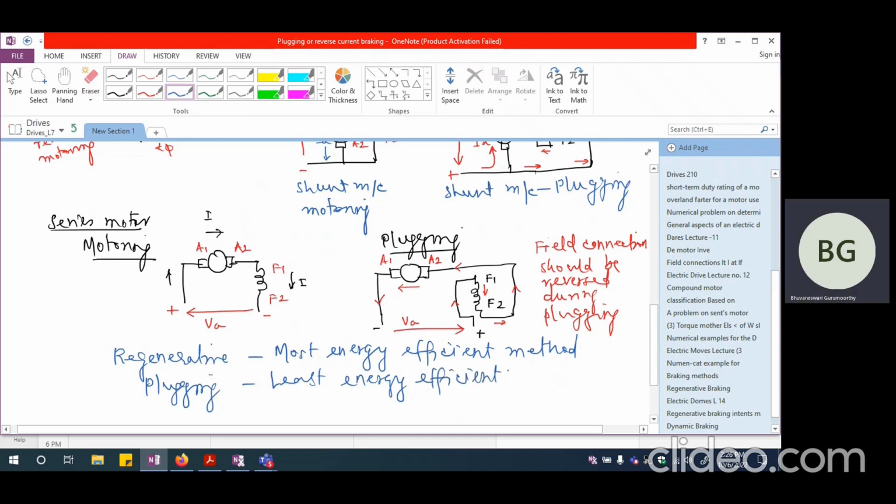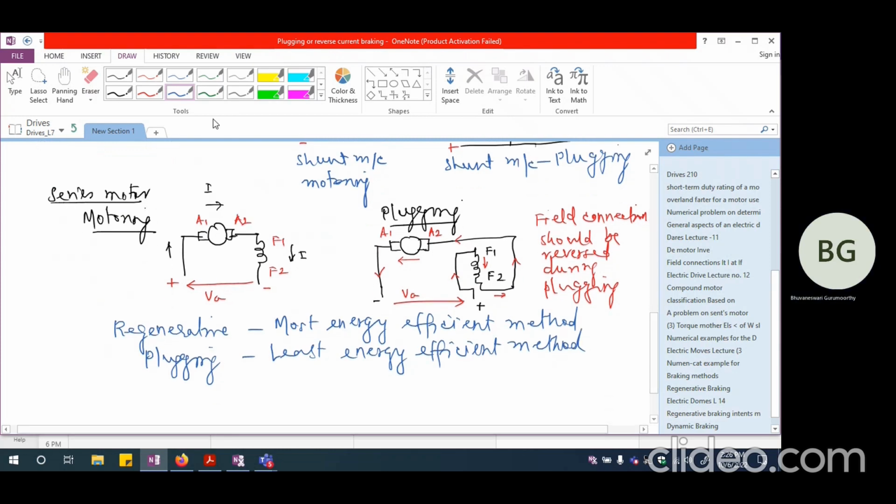But very clearly, if I am looking at which can give me the quickest response, obviously plugging will be able to give me the quickest response because I am generating the reverse torque with the help of a power supply also. So I'm trying to actually connect a power supply in the reverse direction.